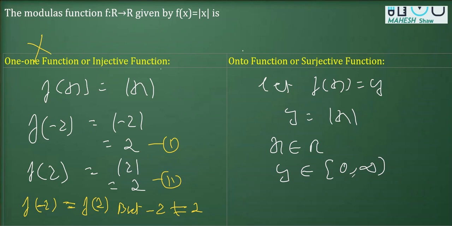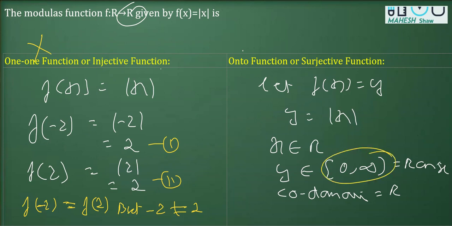So what do we get here? This is equal to the range. And our codomain, as per the question, is R. Codomain is equal to R. So clearly, this is our range. You can see that the range here is all positive real numbers, including 0.